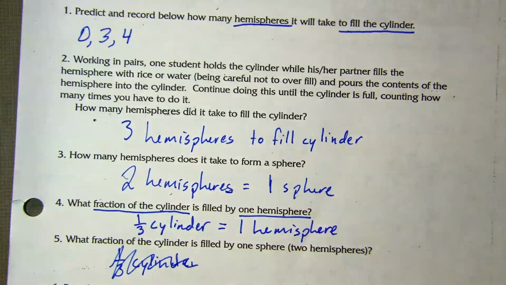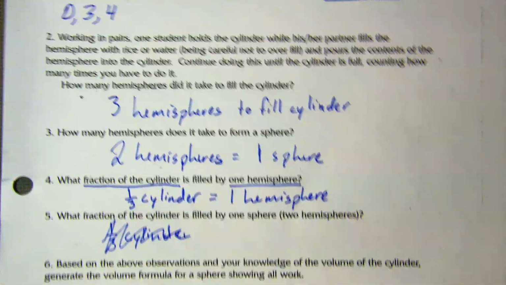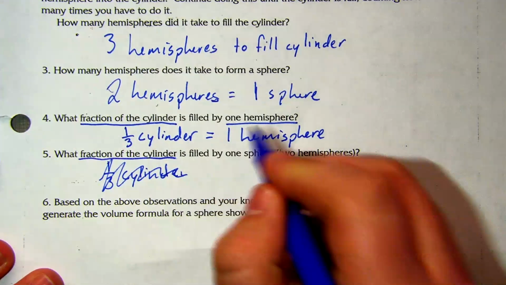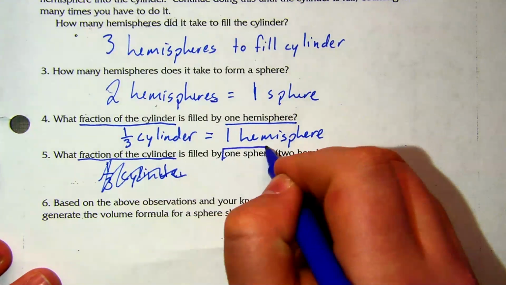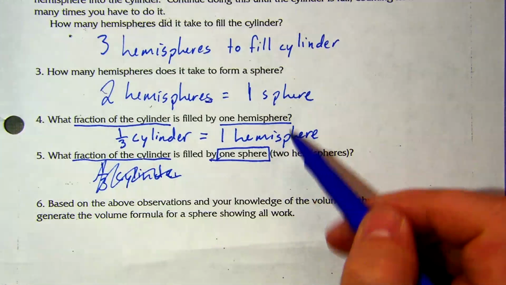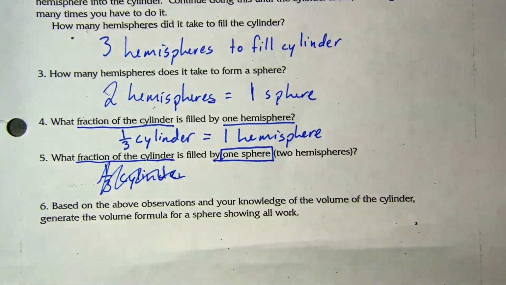Okay, awesome. So question 5. What fraction of the cylinder is filled by 1 sphere? So this question takes questions 3 and 4 and combines that info together. Awesome. Yeah.